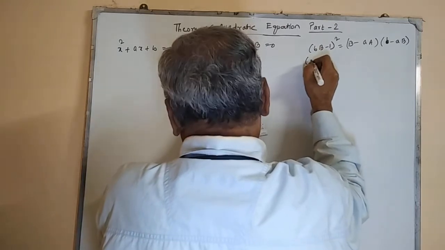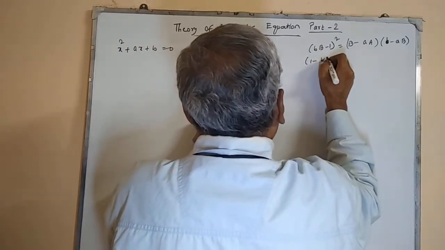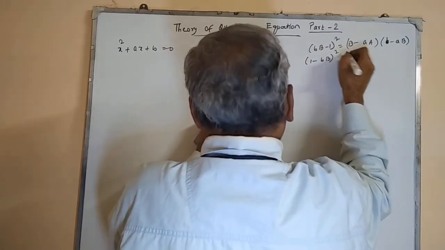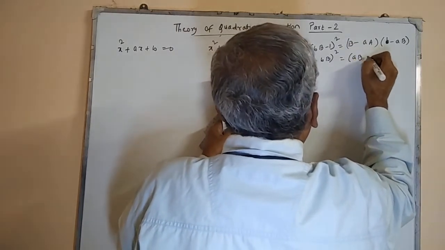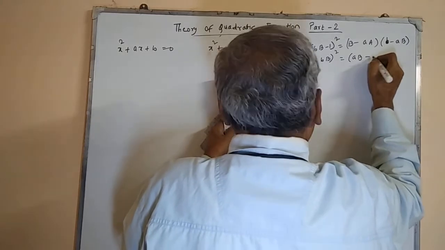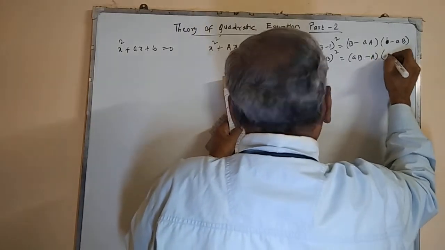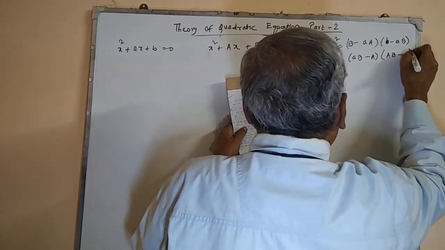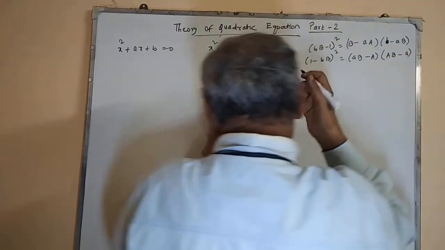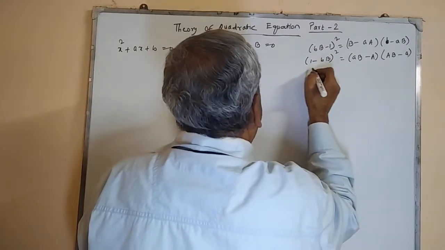Secondly, (1 minus BB) whole square is equal to (AB minus A) into (AB minus A, small a).